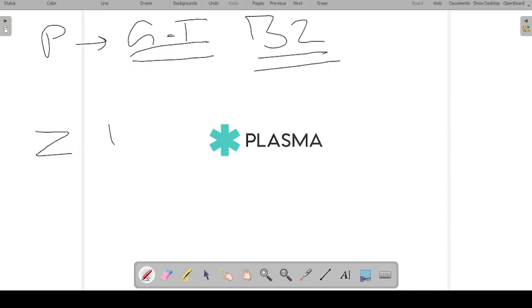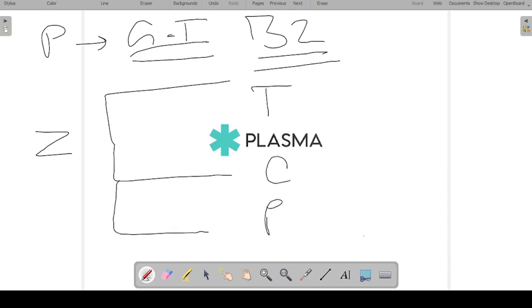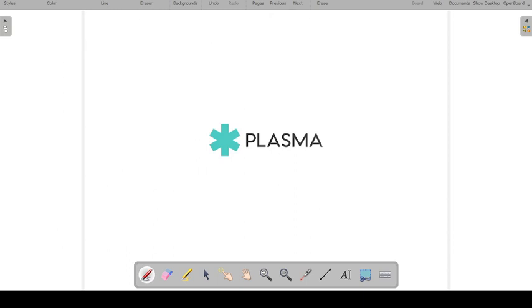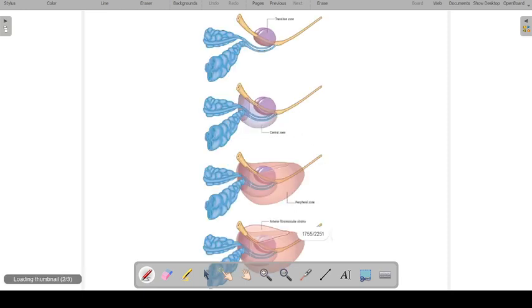These zones are the transition zone, central zone, and the peripheral zone.